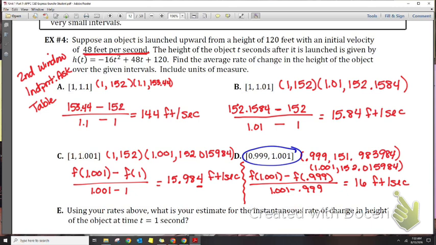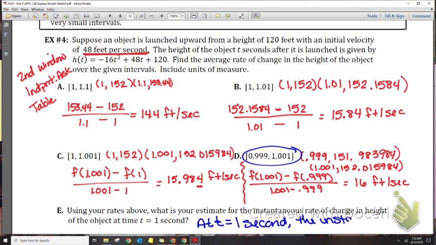All right, so E says, using your rates above, what is your estimate for the instantaneous rate of change in height of the object at time t equals 1 second? And so at t equals 1 second, the instantaneous, I'm going to do no, we need to write it out because it's a word problem.